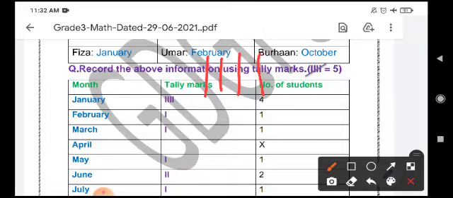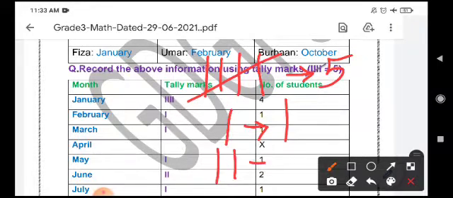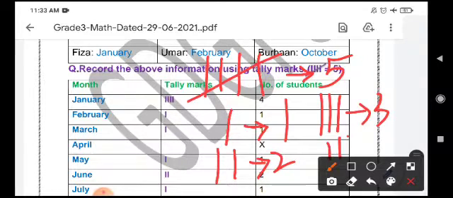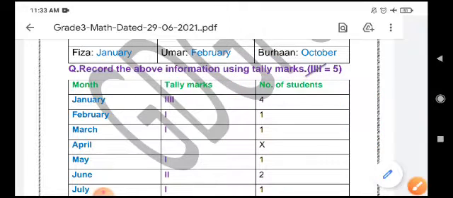Then the 5th number is represented by a diagonal line across the previous 4 lines, exactly like this. This means 5, this means 1, this means 2, this means 3, and this means 4. Done?